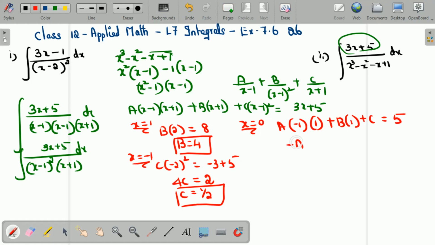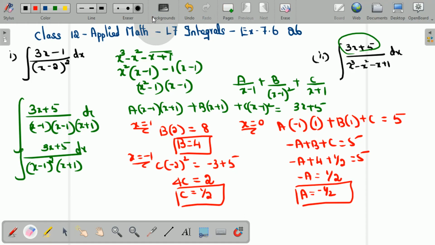So this is minus a plus b plus c is equal to 5. Let's substitute the b value and c value. So minus a plus 4 plus half is equal to 5. So if you take everything the other side, minus a is going to be equal to 5 minus 4 is 1, minus half is half. So minus a is half, which means a is equal to minus half.